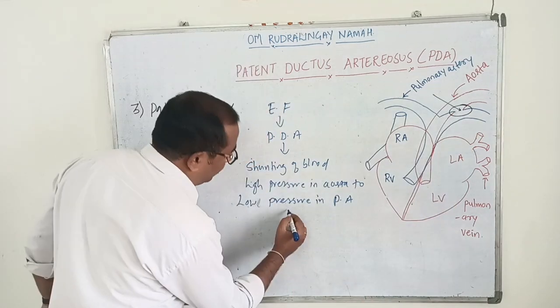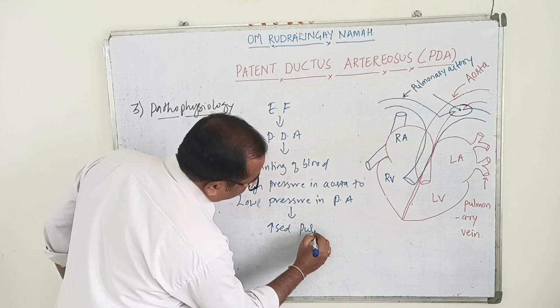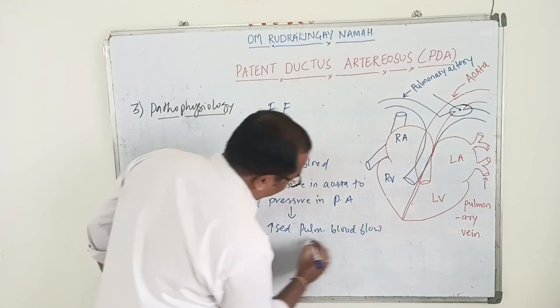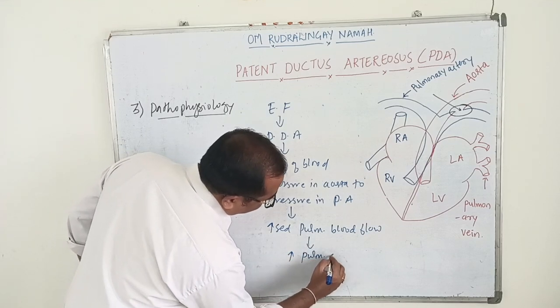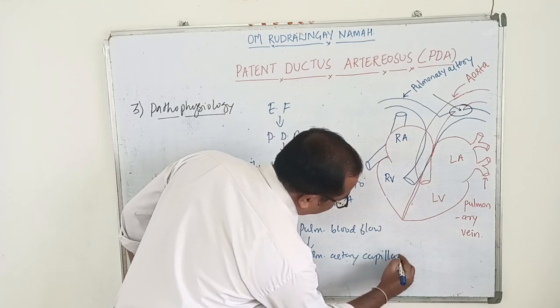Because of this, there is increased pulmonary blood flow. This will lead to increased pulmonary artery capillary pressure.